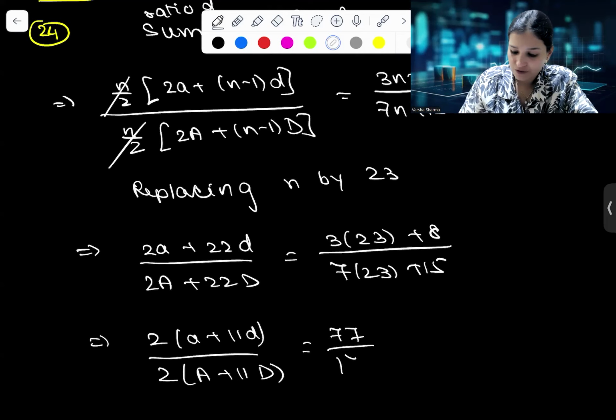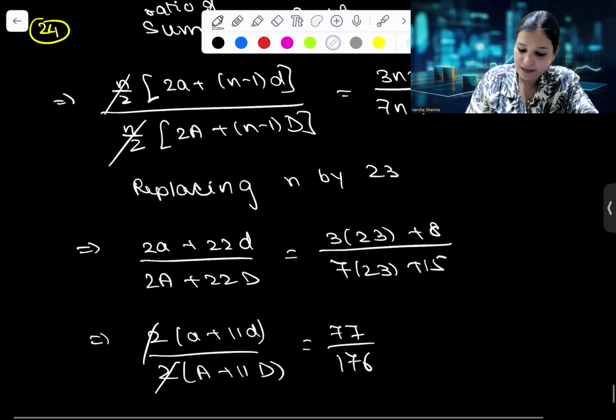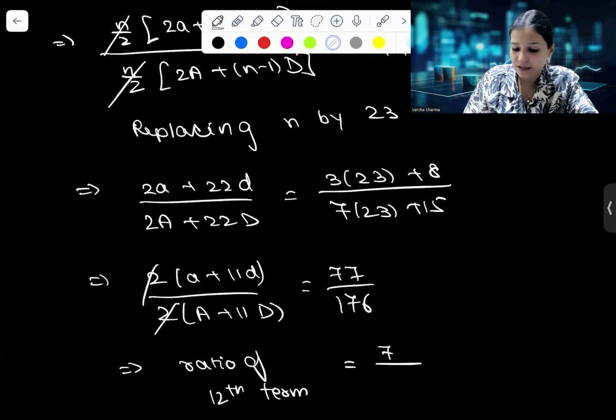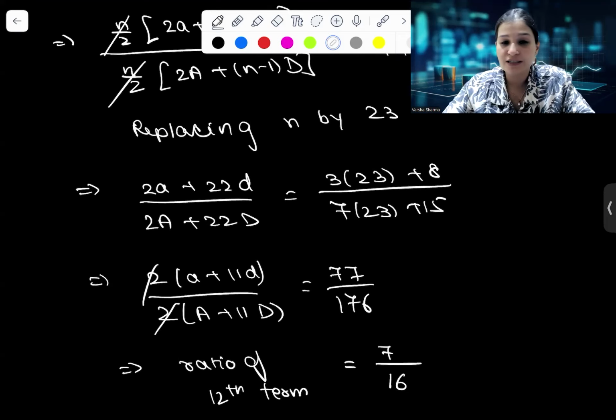So 2 gets cancelled. A plus 11d is the 12th term. So this is the ratio of the 12th term. And on the right hand side, we can cancel by 11. 11 sevens are 77, 11 sixteens are 176. So the required answer is 7 upon 16.